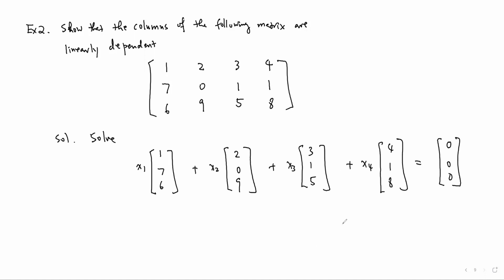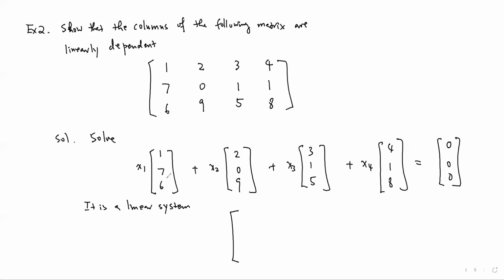If this vector equation has a non-zero solution, then the 4 columns are linearly dependent. But this vector equation is a linear system. The augmented matrix is this.